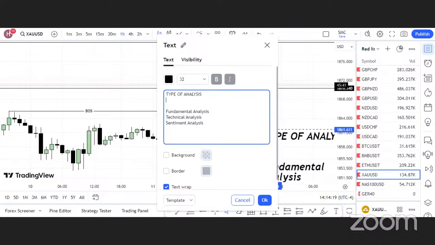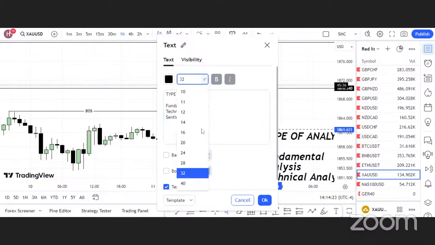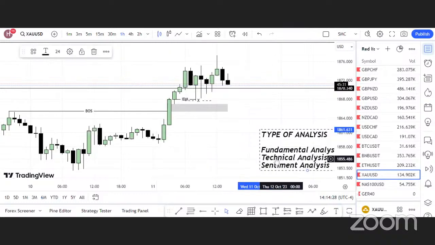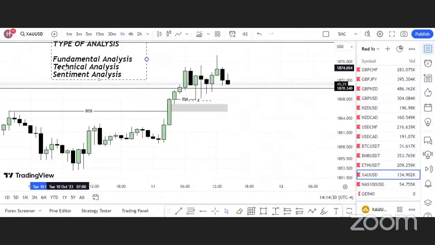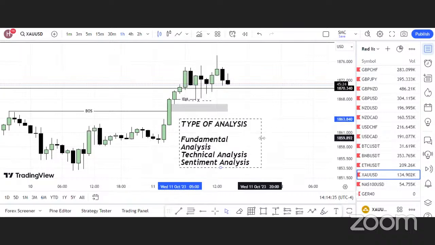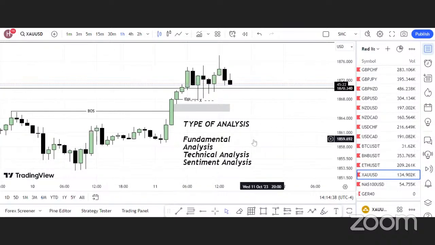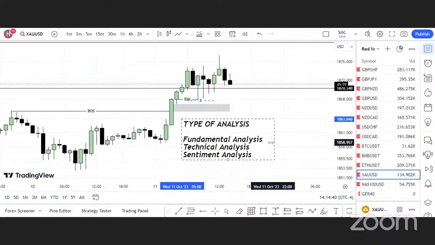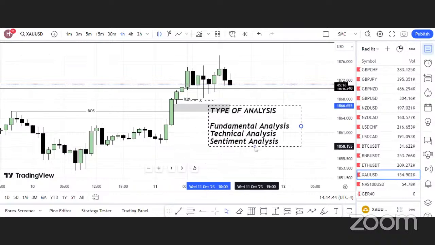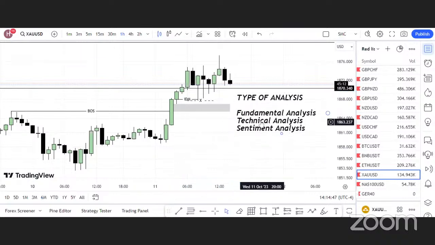The first one is the fundamental analysis. Then we have the technical analysis, and then we have the sentiment analysis.